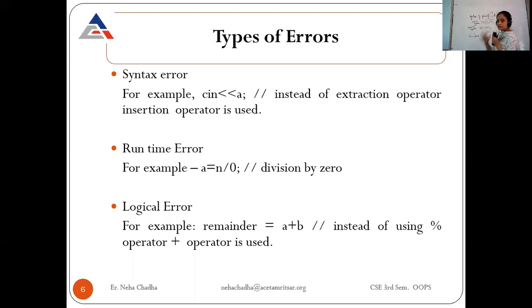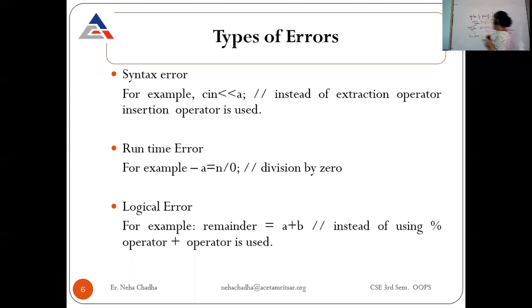As in the presentation, a equal to 10 divided by 0: in mathematics the answer is infinity, anything divided by 0 is infinity, but in a computer system you don't get the infinity sign. You will get an error that is division by 0. This type of error, we say, is a runtime error.